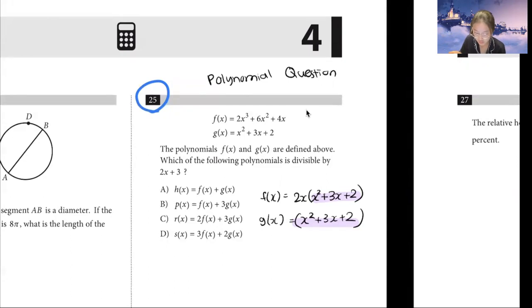So we're trying to know which of the following polynomials is divisible by 2x plus 3. Whatever the polynomial is divided by 2x plus 3, the whole polynomial is not going to disappear.